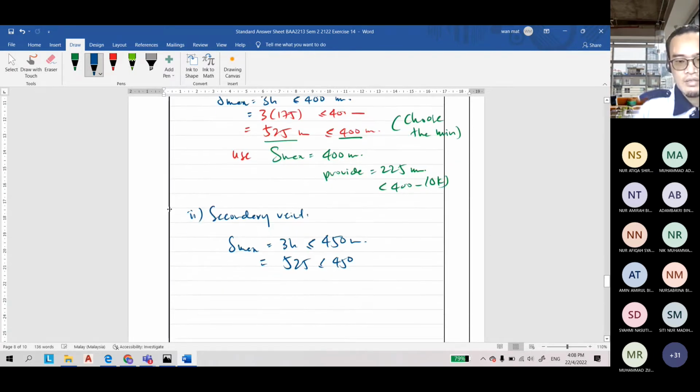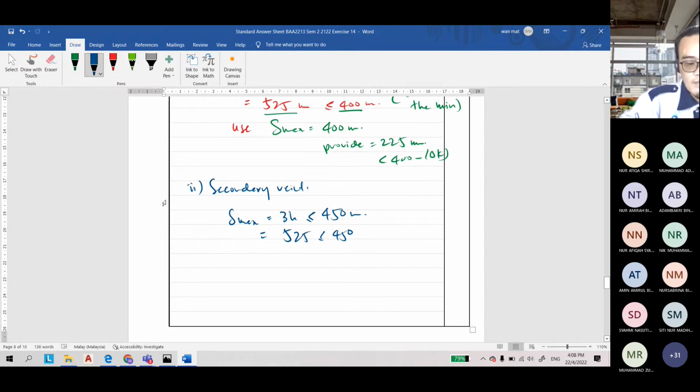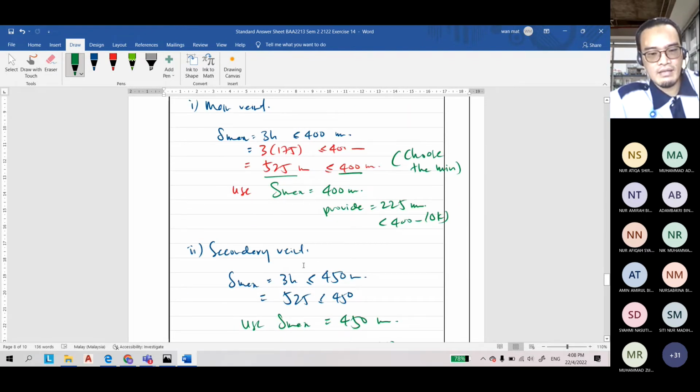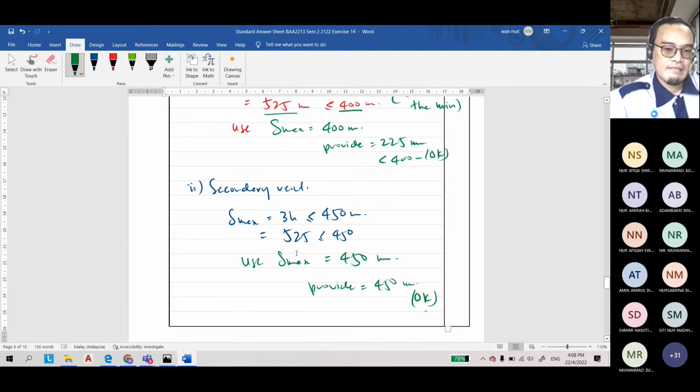We use S max equal to 450 mm. What we also provide is equal to 450 mm. So it's still okay. Okay, so that's the difference between checking for main reinforcement and the secondary reinforcement.